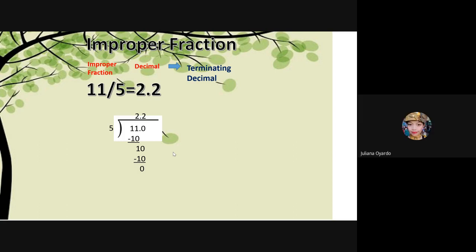Nilagay po natin yung point. So 10 divided by 5 is 2. So you put the decimal point dun sa ating quotient. So 2.2. Okay? So 2 times 5 is 10. And the remainder is 0.